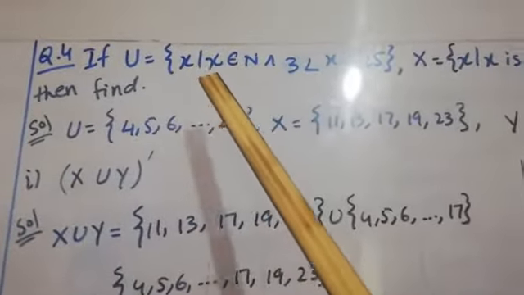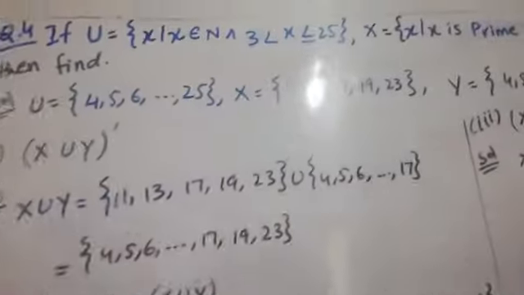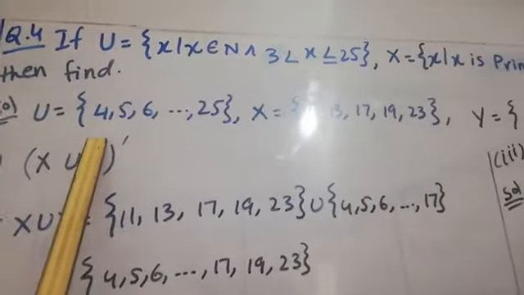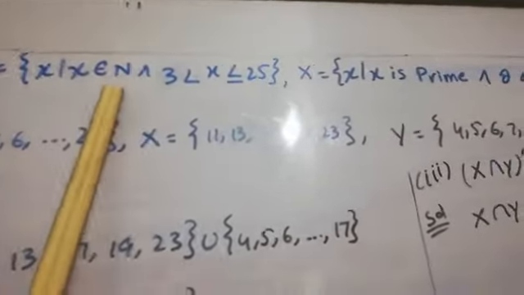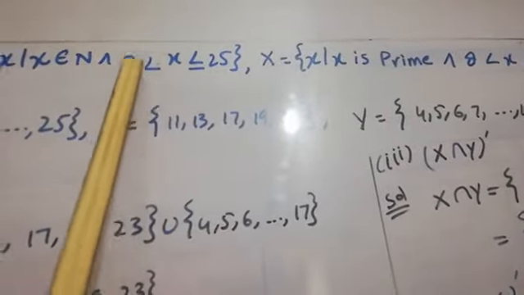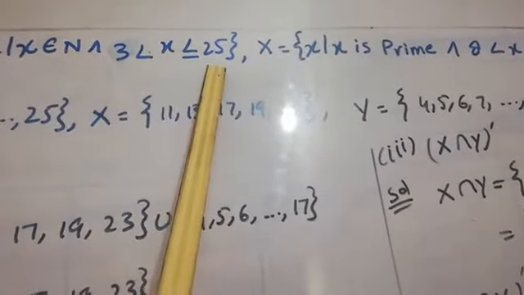Now part number 4, question number 4. If u is such that x, first of all we will convert the set from set builder notation to tabular form. This is a natural number set, okay, meaning all positive numbers, and this is x greater than 3 but less than or equal to 25.